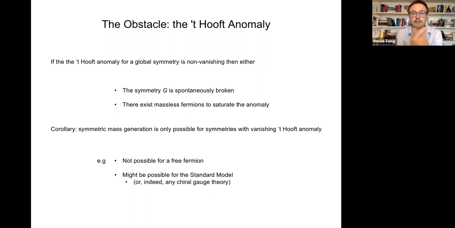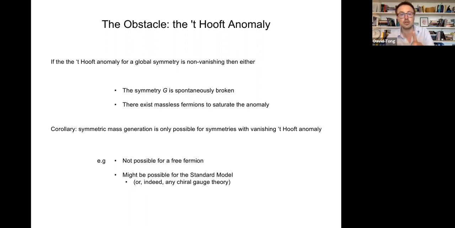So for the first case I had, there's no way to take a single free fermion and give it a mass preserving the axial symmetry. Just can't do it. However, if you have chiral fermions and the 't Hooft anomaly vanishes, then there's no obstacle, at least in principle. Then it should be possible, or at least 't Hooft tells us it's not impossible, to take that set of chiral fermions and give them a mass while preserving the symmetry.